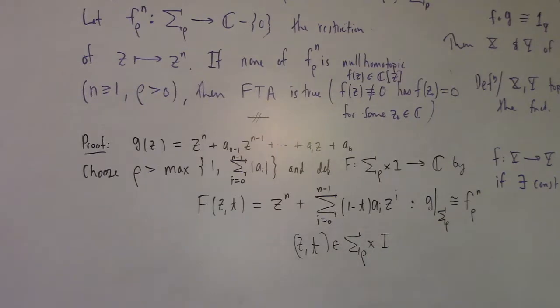So yeah, we get g of z where z is taken from the rho circle. So when we plug in t equals 0, we get g. When we plug in t equal to 1, what happens? We get z to the n, which is exactly f_n rho, because t equals 1 knocks that out. We're just left with z to the n for z in the rho circle, which is exactly the definition of that. So this is a homotopy. Okay.